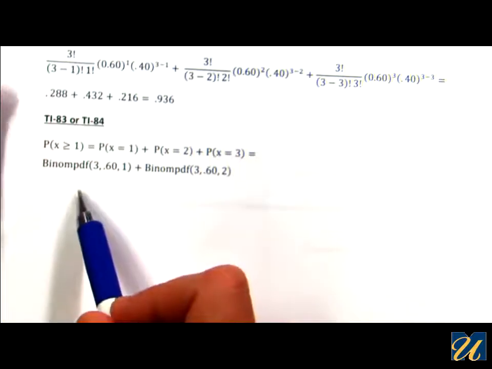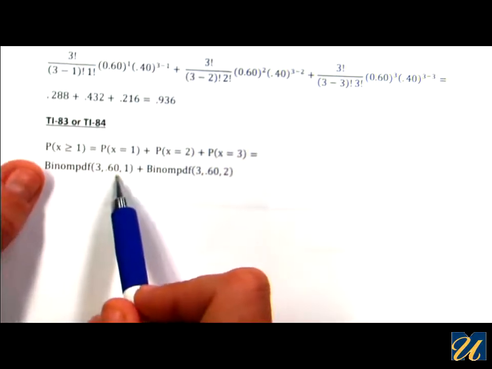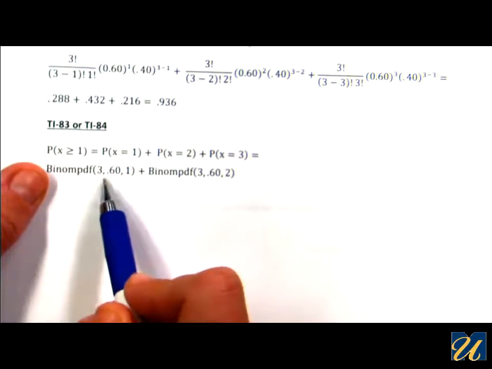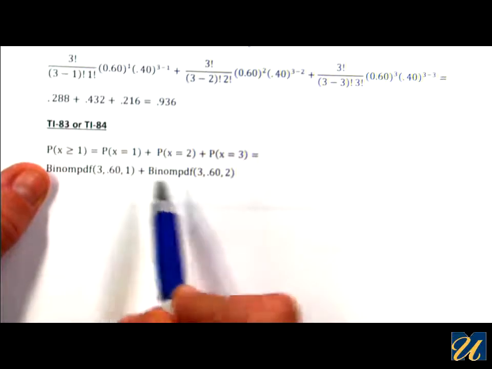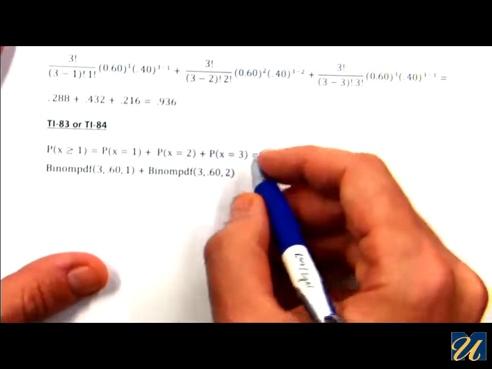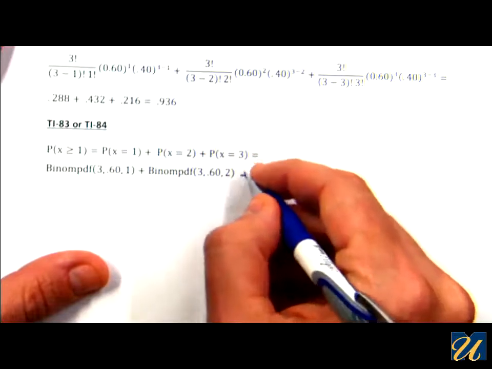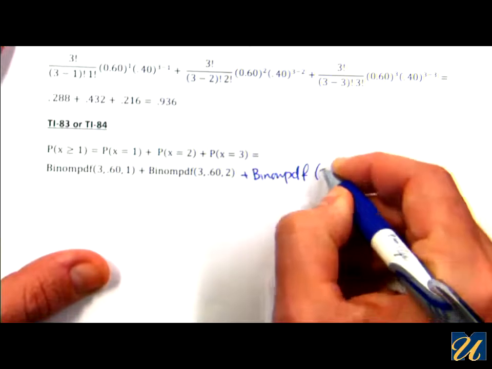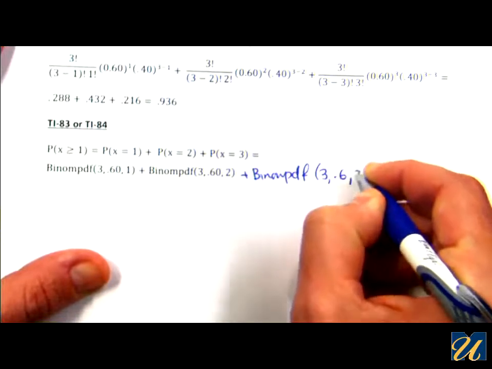So in this case, if we were to use our graphing calculator, we would do binomial PDF of 3, 0.6, 1 plus binomial PDF 3, 0.6, 2 plus binomial PDF 3, 0.6, 3.